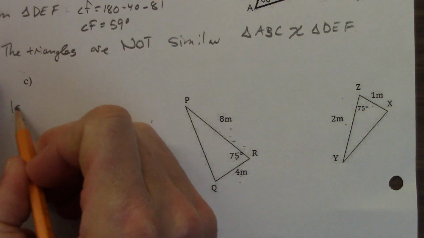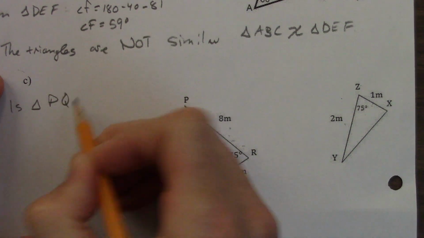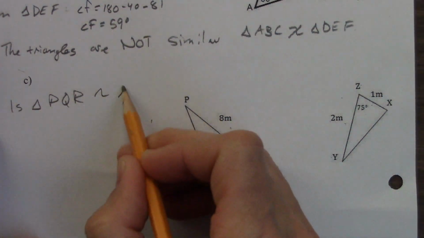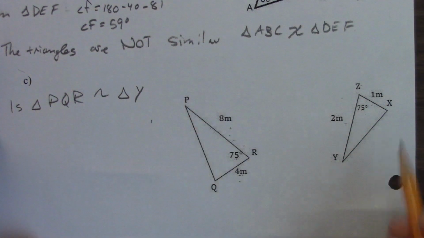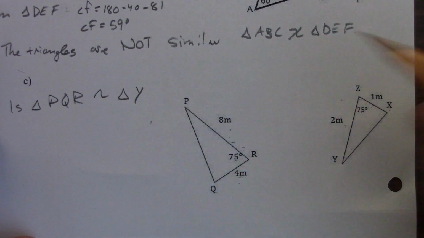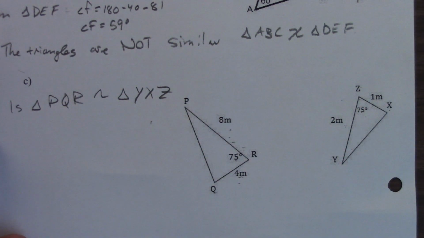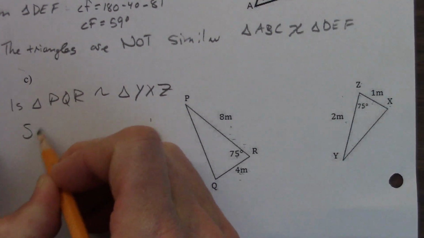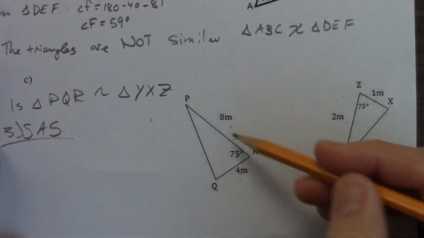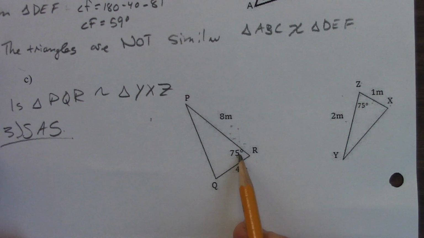Okay, so is triangle PQR similar to triangle YXZ? Now I have to pick the right directions here, because I'm ending on angle 75. So the way we check this is we're going to use side, angle, side. We're going to check the proportion of the two sides that are sandwiching the angle.